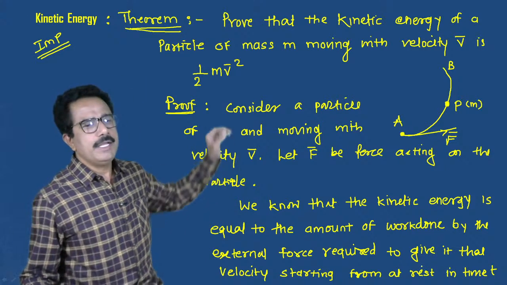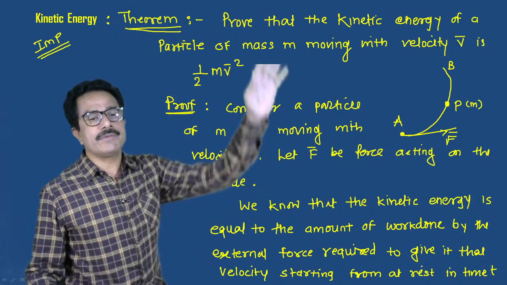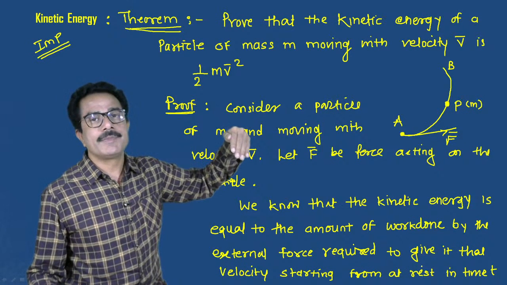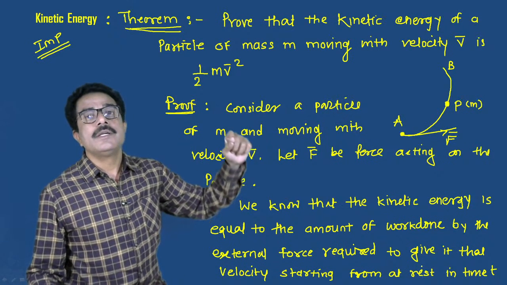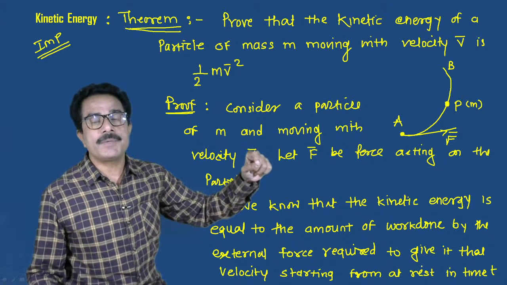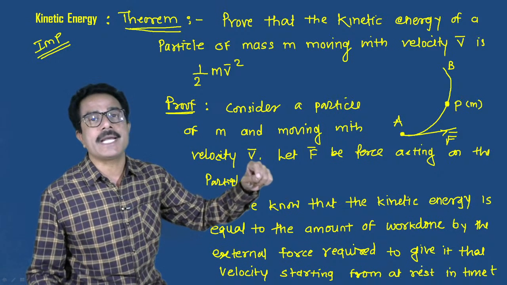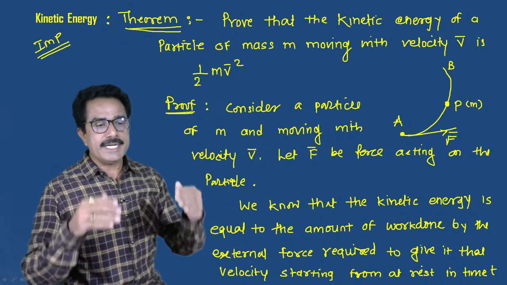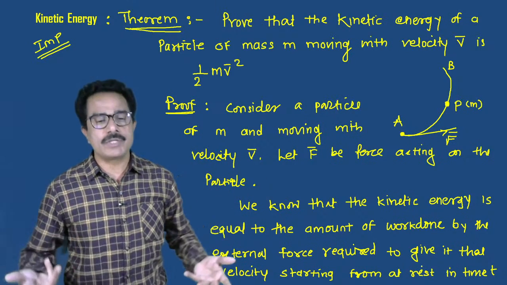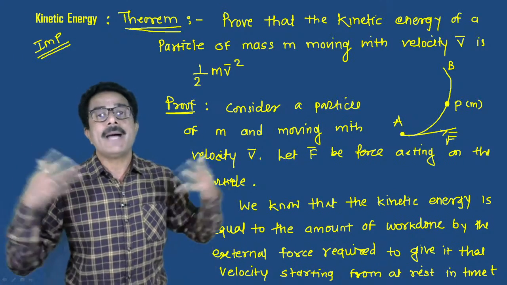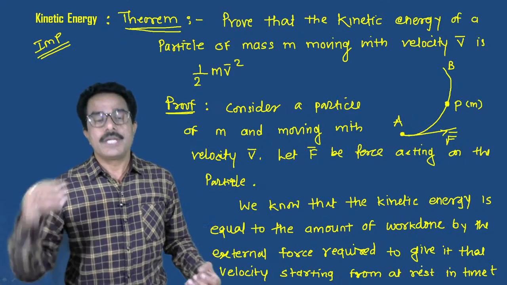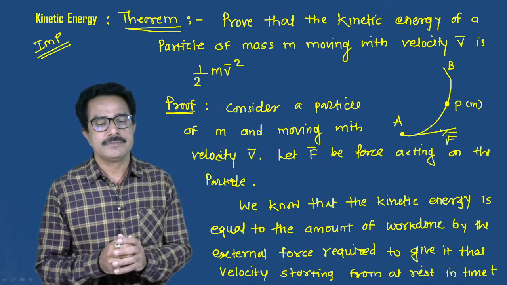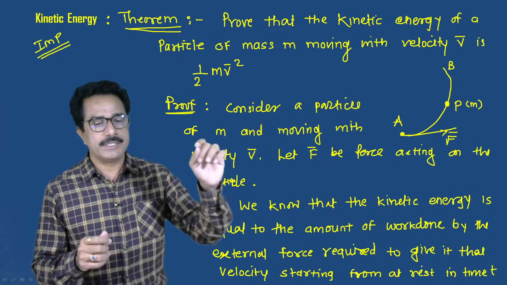See this, consider a particle moving with velocity v bar. Let this velocity be obtained due to the force F bar which is acting on the particle. We know that the kinetic energy is equal to the amount of work done by the external force required to give it that velocity starting from rest in time t.